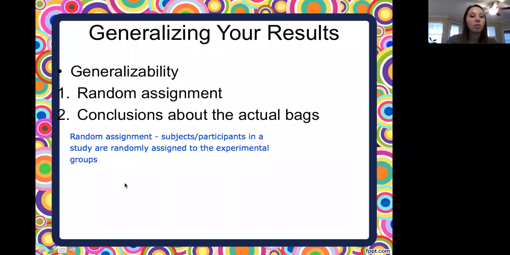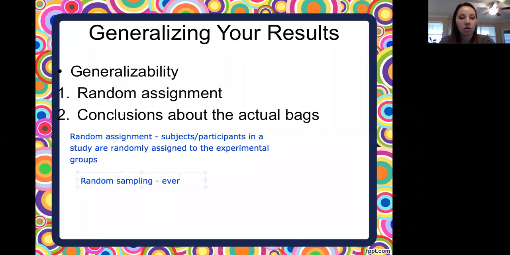Okay, so when we use random assignment, when we randomly assign our participants to groups, we can be more certain about our results. We can be more sure when we are generalizing because we have used that randomization. Another good technique to keep in mind, in addition to random assignment, is random sampling, which I talked about, I believe, in chapter 8.